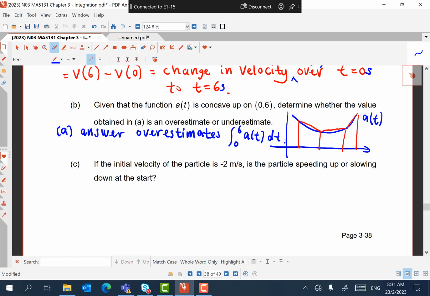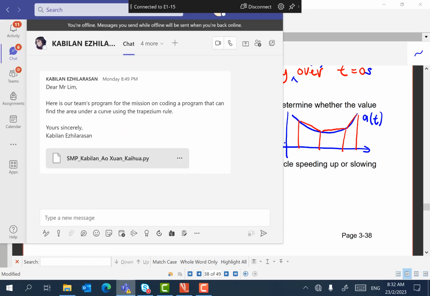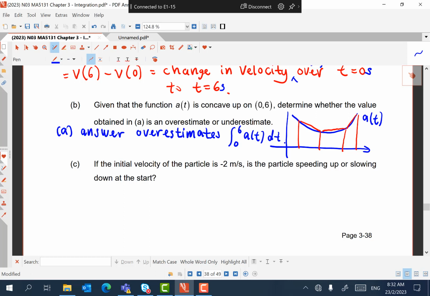Okay, for the case of part C, many people see that just because the velocity is negative, you jump to the conclusion that it's actually slowing down. It's not like that. I want you to know that it is slowing down if the velocity and the acceleration are in opposite directions.